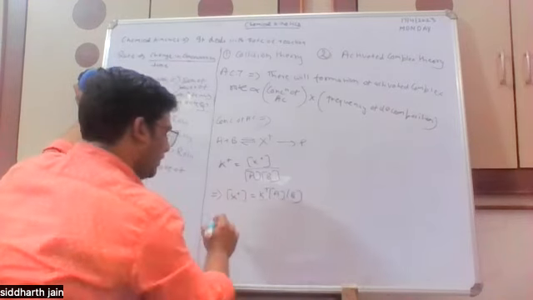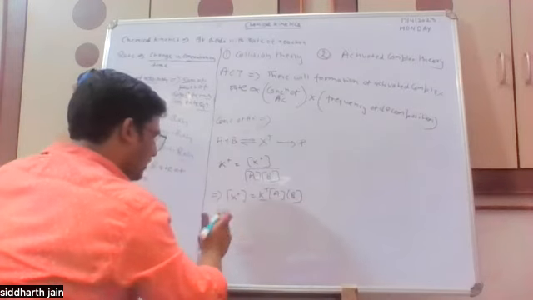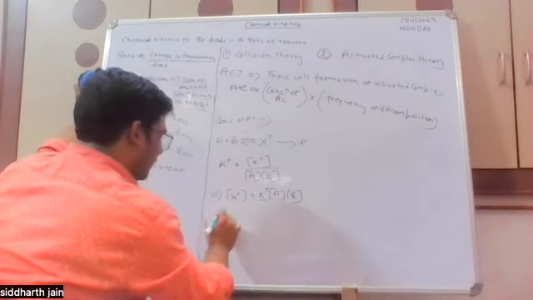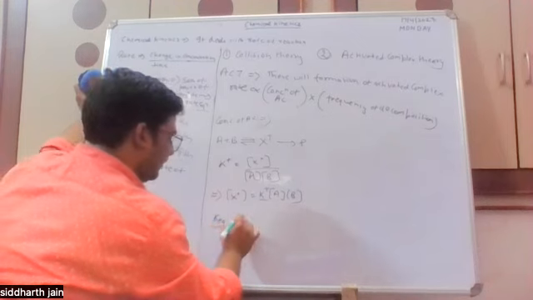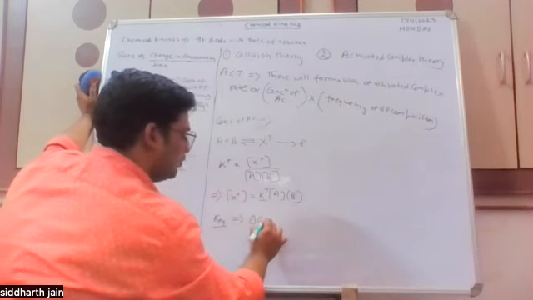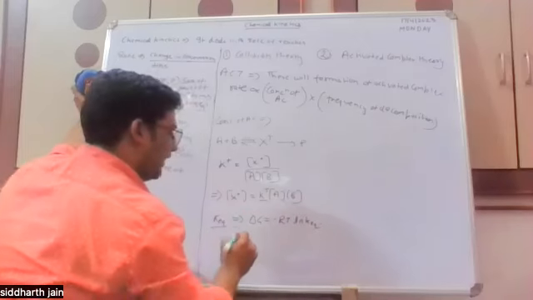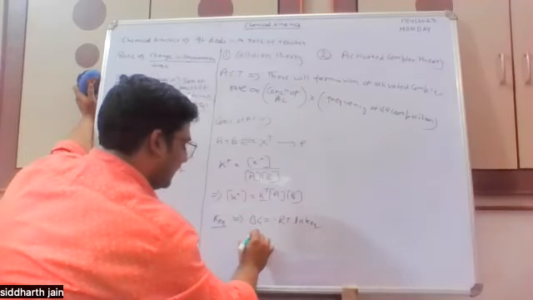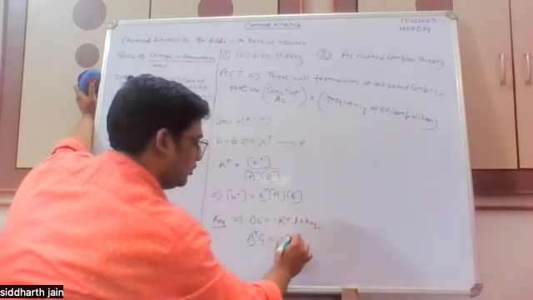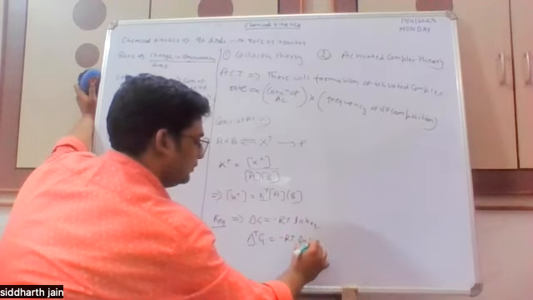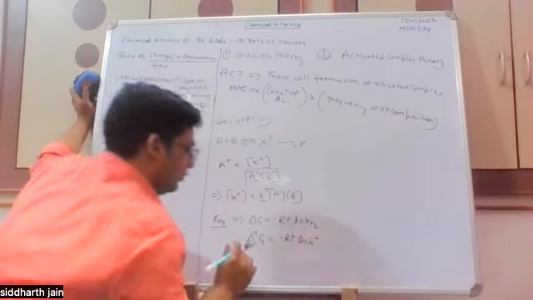Now, we know from thermodynamics that for K equilibrium, we can write delta G equal to minus RT ln K. So for the activated complex, we can write delta G of the activated complex equal to minus RT ln K prime for the activated complex.